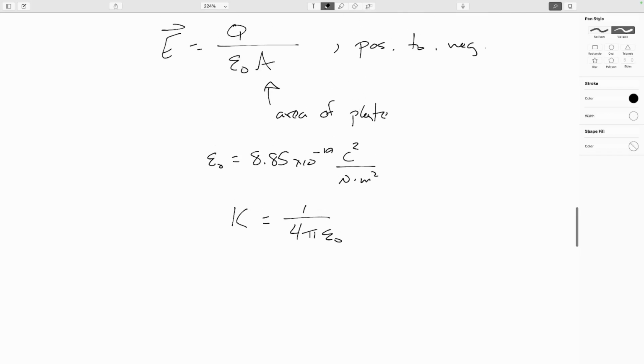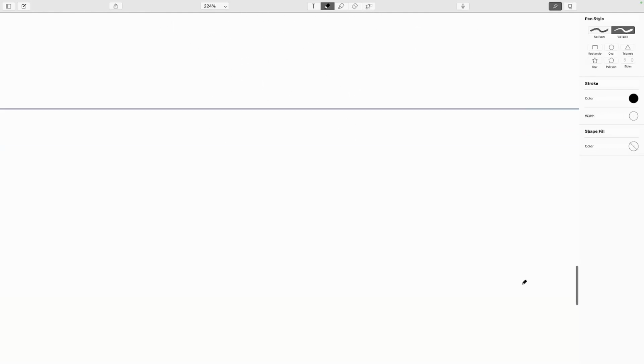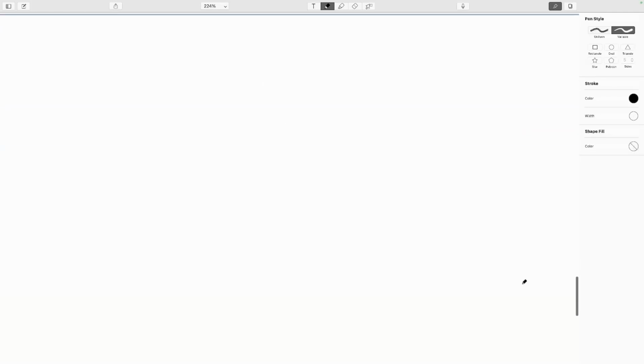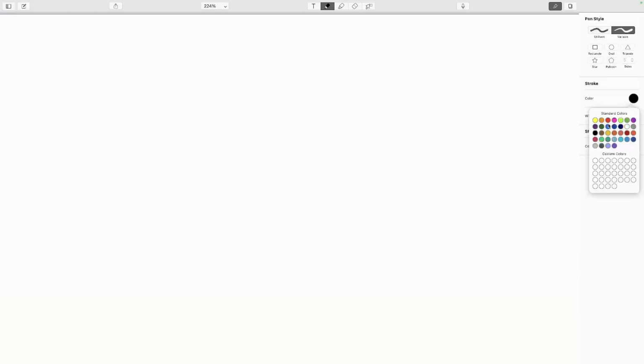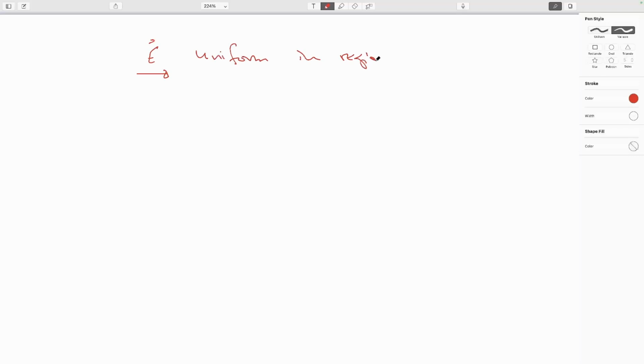All right. So let's just take a look at one more problem. Let's say you had an electric field that got made uniform by a capacitor or something like that. So let's say we are in a region of uniform electric field, pointing to the right.